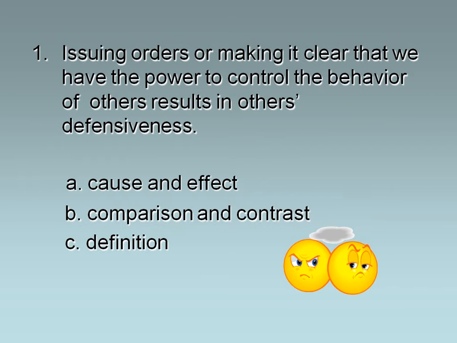Read the first sentence, and then identify the primary thought pattern suggested by the sentence. Which thought pattern did you choose? Click to see the correct answer. Compare your answer to the answer shown. The correct answer choice is choice A, cause and effect.